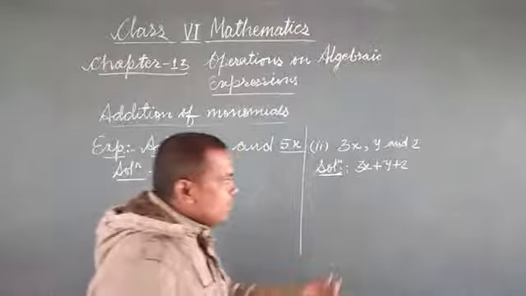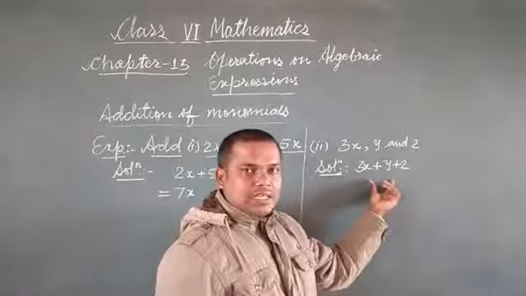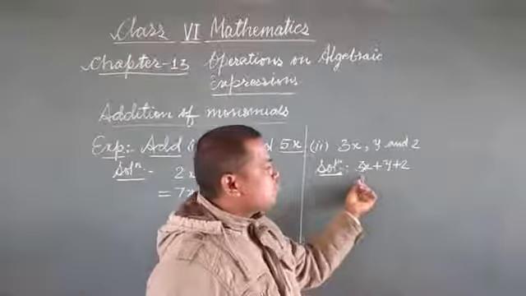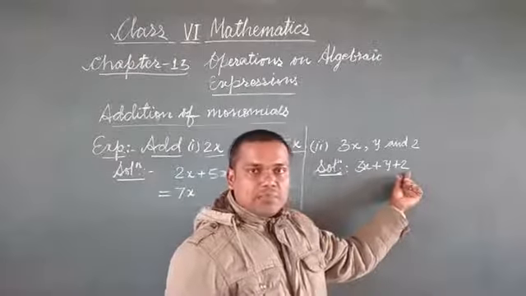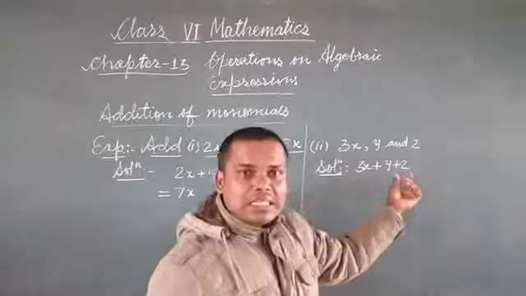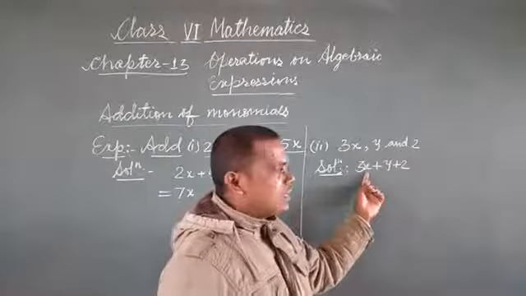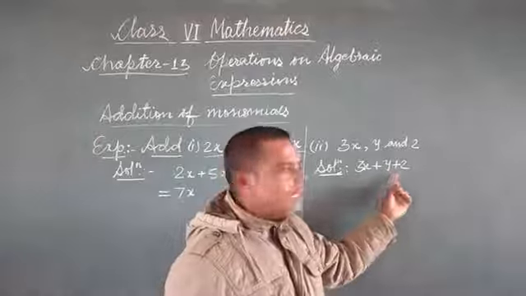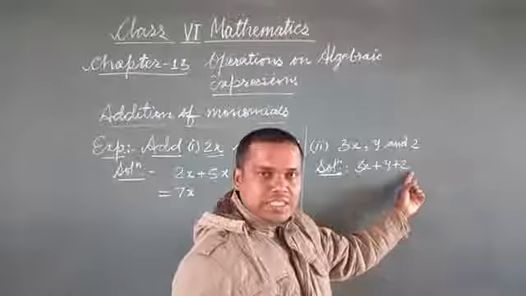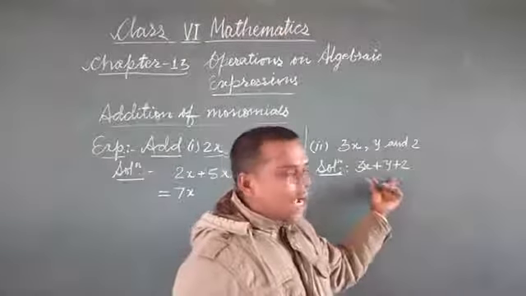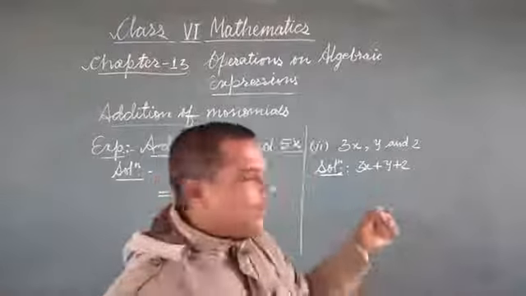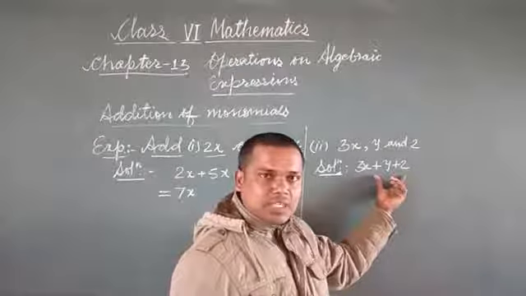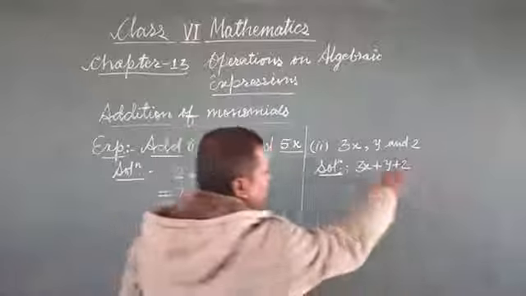Now it will be the sum of the given monomials because these terms are unlike terms. Here is variable x, here variable y, and here is a constant term. So we cannot add them together, but we can write their sum like this. Okay, so it will be the answer.